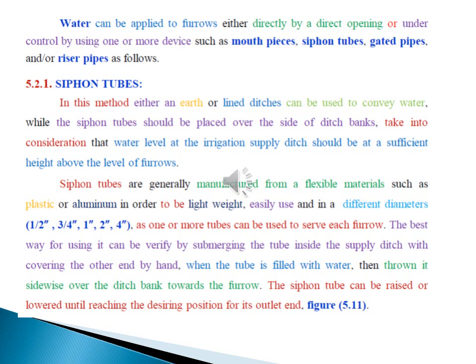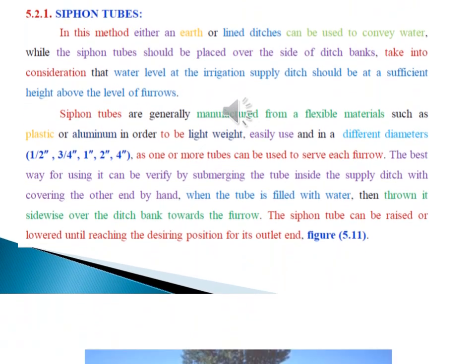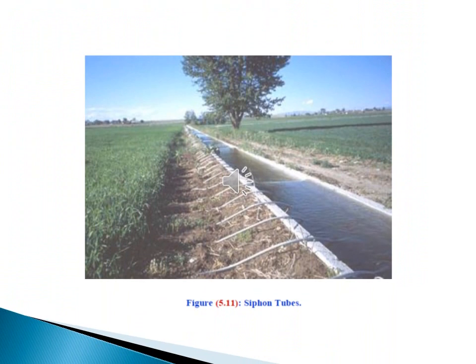Siphon tubes are generally manufactured from flexible materials such as plastic or aluminum in order to be light weight and easy to use, and come in different diameters such as half, 3/4, 1, 2, 3, or 4 inches, as one or more tubes can be used to serve each furrow, as shown in the enclosed figure. Figure showing siphon tubes and their installation way.